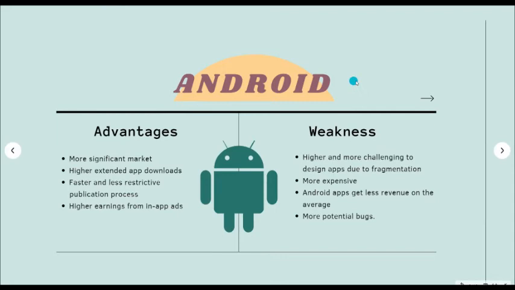However, its weaknesses contain its higher and more challenging ways of designing the apps due to fragmentation. It is more expensive, and Android apps get less revenue on the average compared to iOS apps. And because of this, it tends to lead to more potential bugs.